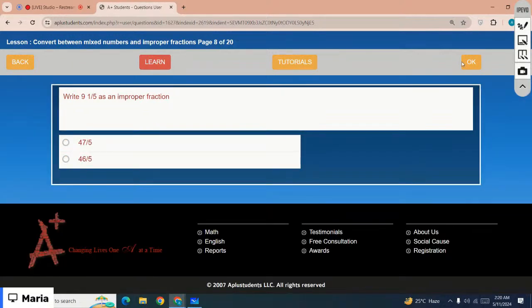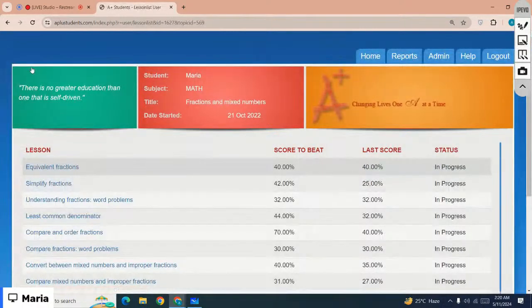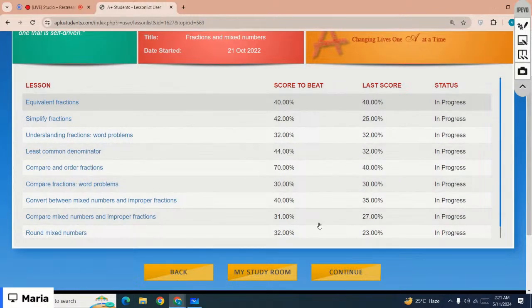Let me just move on to the next lesson, and the next lesson is that is compare mixed numbers and improper fractions.